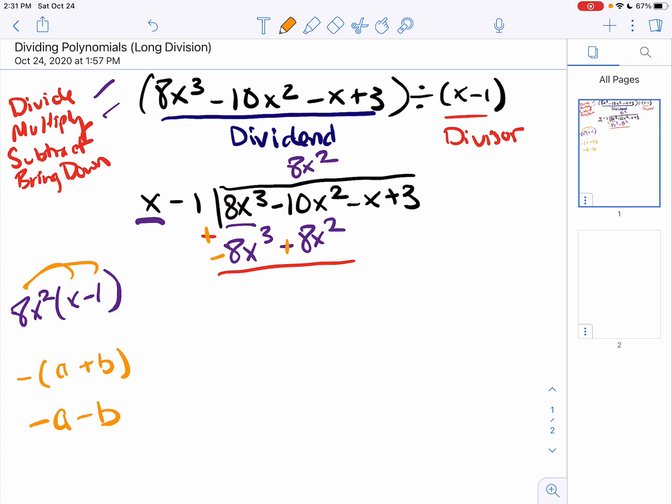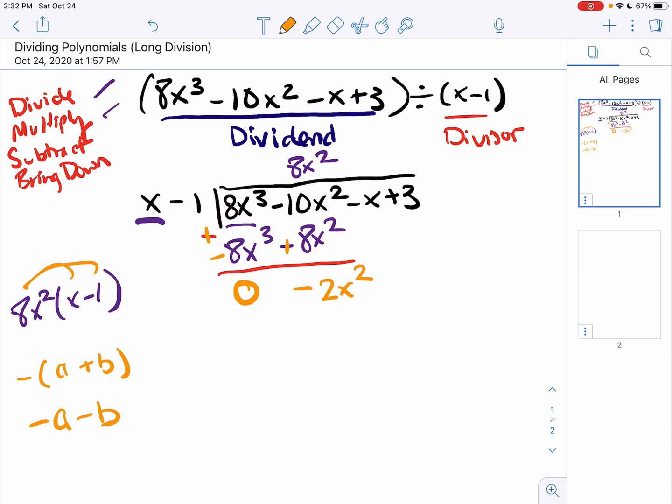So it's going to be 8x to the third plus negative 8x to the third, which is 0. Now I have negative 10x squared plus 8x squared, so I'm going to get negative 2x squared.